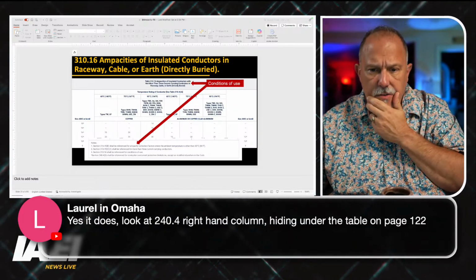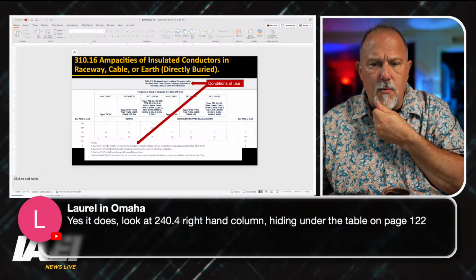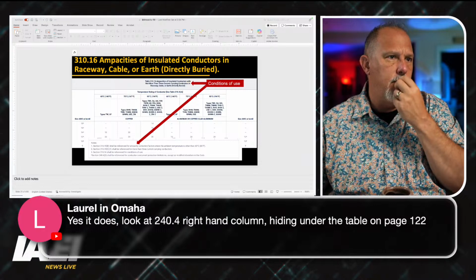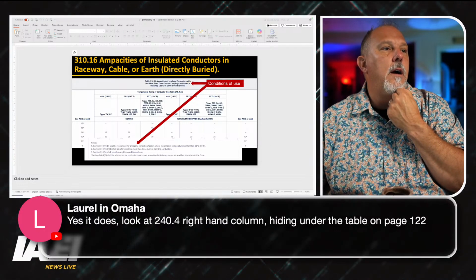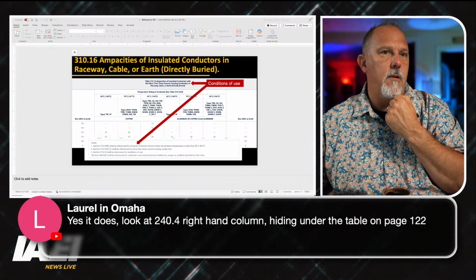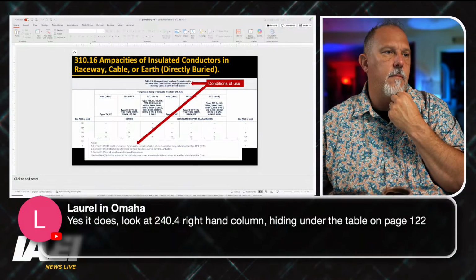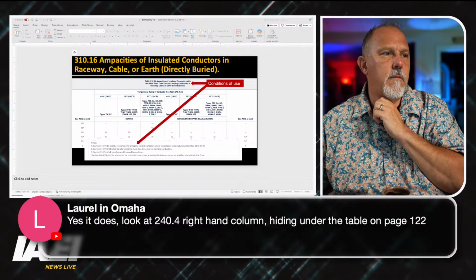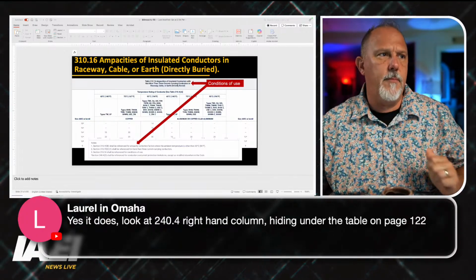You said hiding under the table on page 122. I don't have my book. I'm not seeing it. But I believe you.